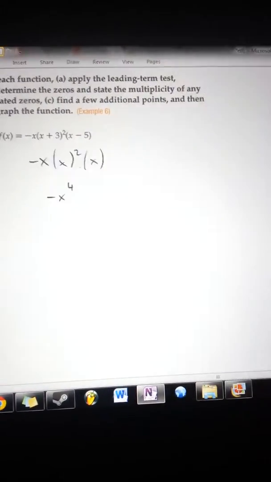So for the leading term test, our leading term is negative x times x squared times x. And that means that it's just negative x to the fourth.